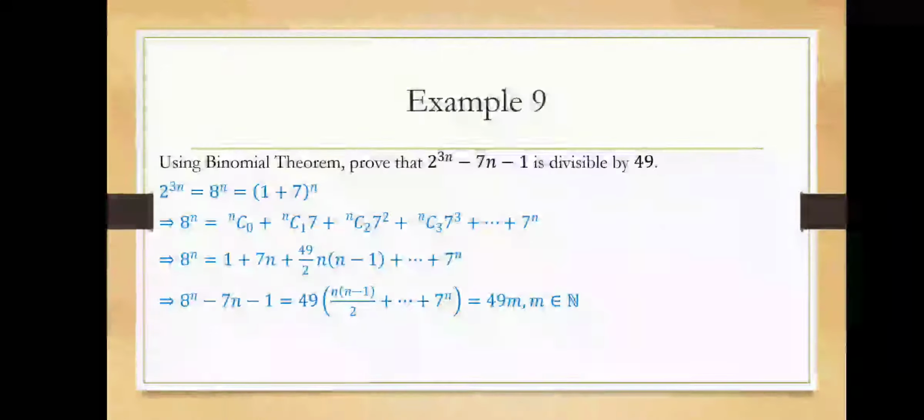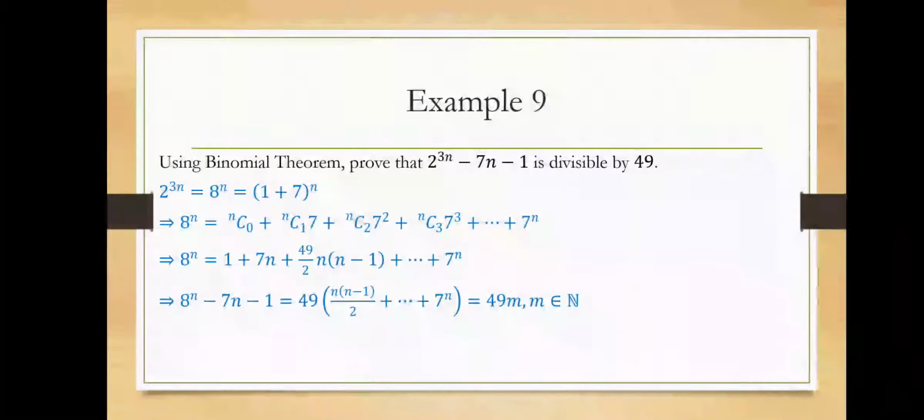Therefore it is a multiple of 49, so I can write it as 49m, where m is any natural number. Obviously it will be a natural number because we are working with combinations and natural numbers at the end of the day, so everything is going to be natural. That gives us the fact that 2 to the power 3n minus 7n minus 1 is divisible by 49.